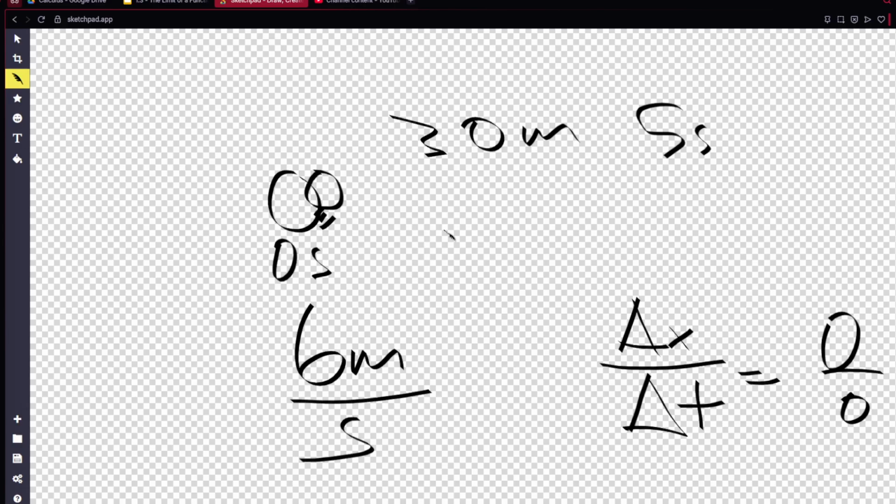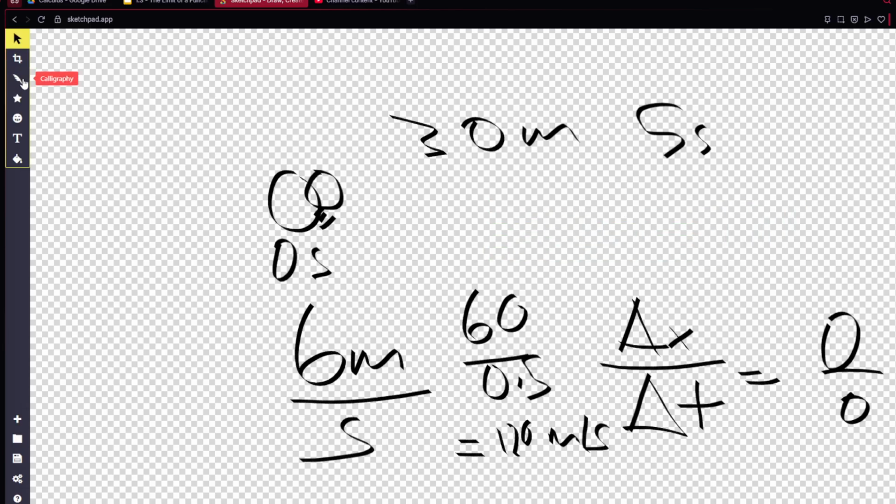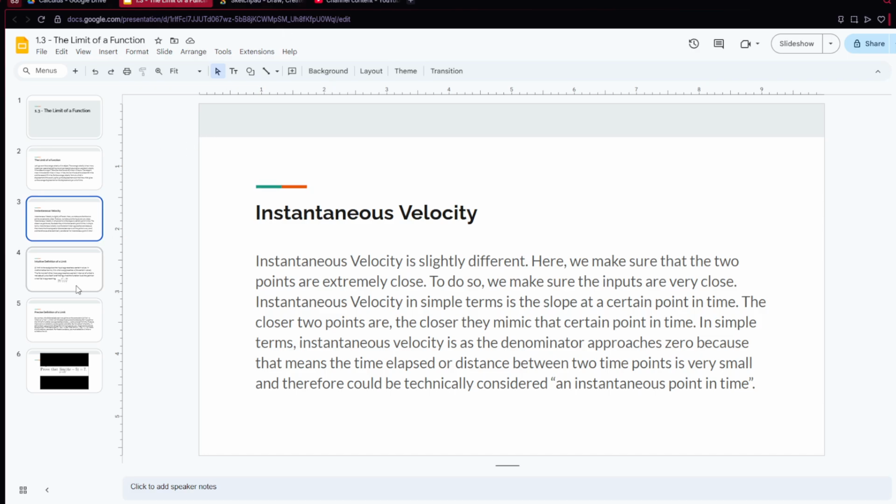If that car was moving 60 meters in 0.5 seconds, we can assume, using some simple math, that it was traveling 120 meters per second, and that is very accurate. As opposed to if we dilute this and go to something like 120 meters per 4 seconds, then the longer the time gets, the more it goes into average velocity. So that's the logic here.